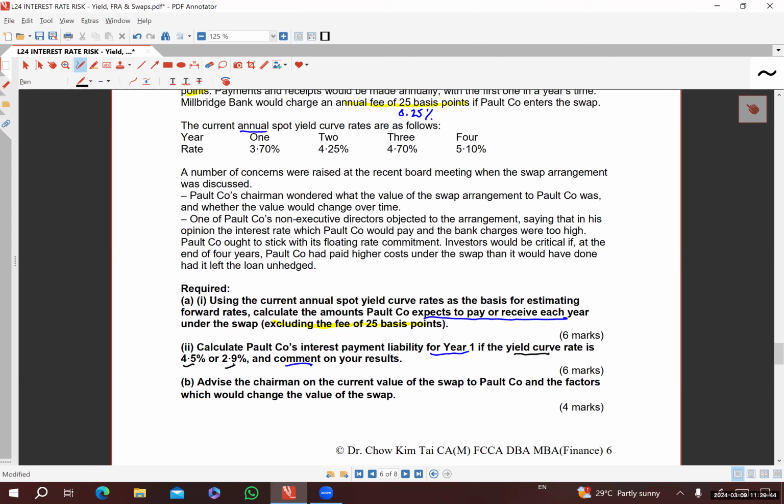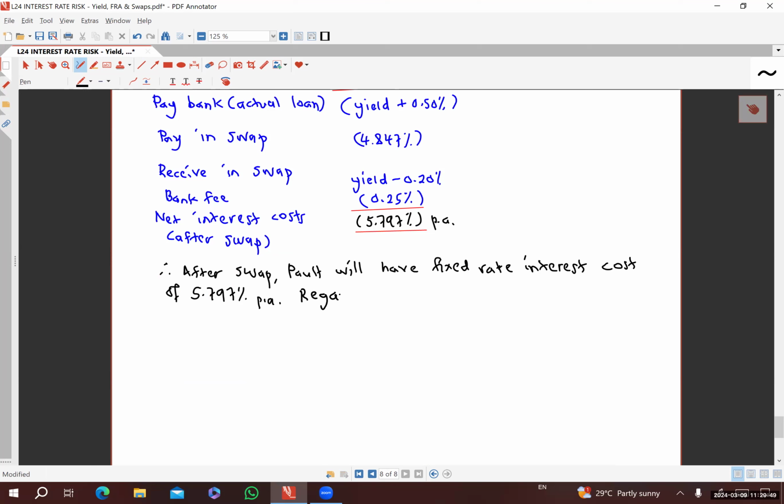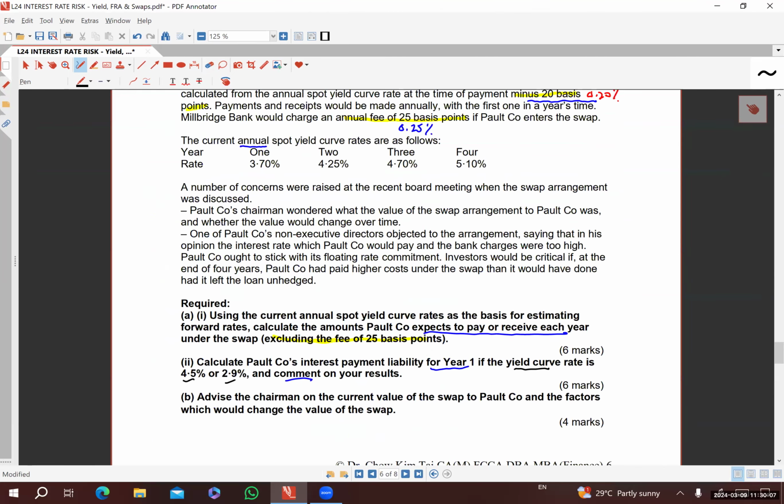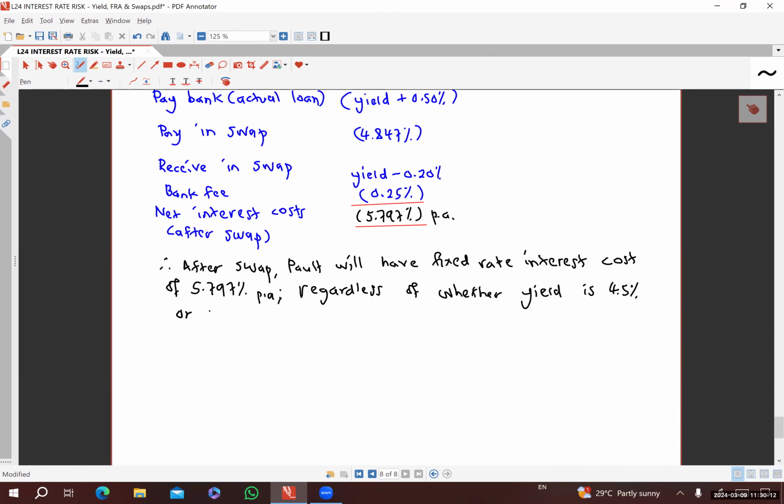Regardless of whether 4.5, 2.9, it's already a fixed rate. It won't change anymore.